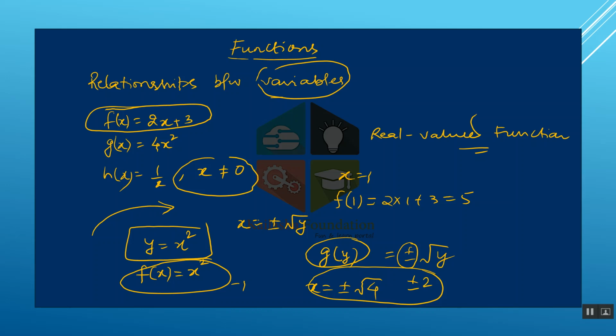There must be one output only for every input. That is the rule for a given relation to be a function. If a given relation is a function, then there must be exactly one output for every input.